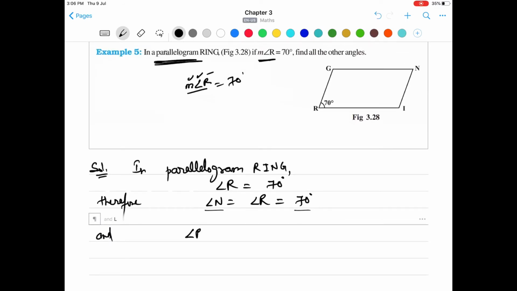And angle R plus angle I will be equal to 180 degrees. Why? We have to write the reason every time.